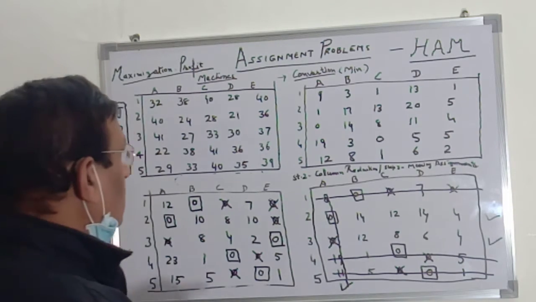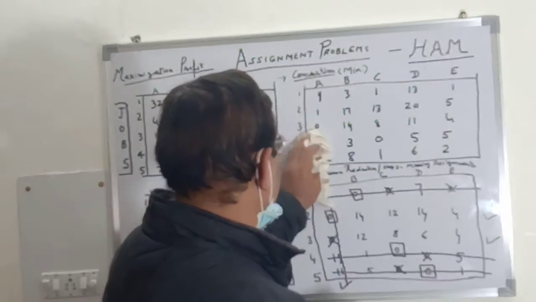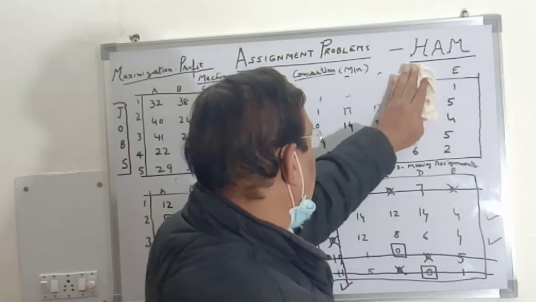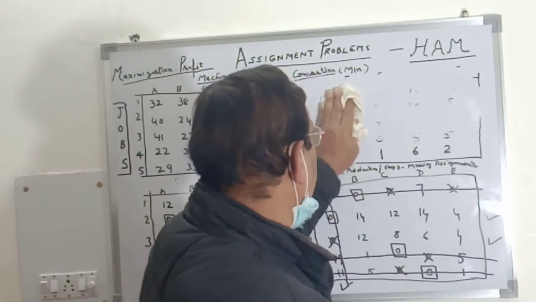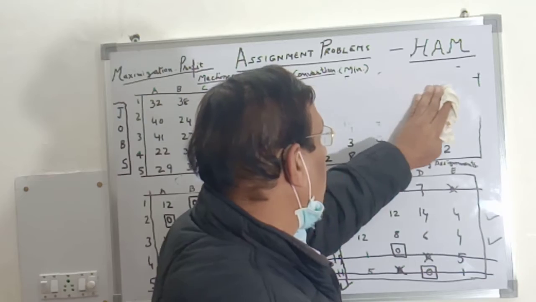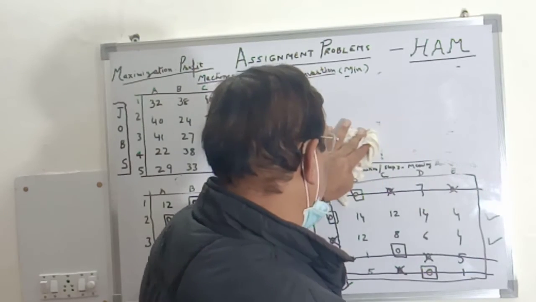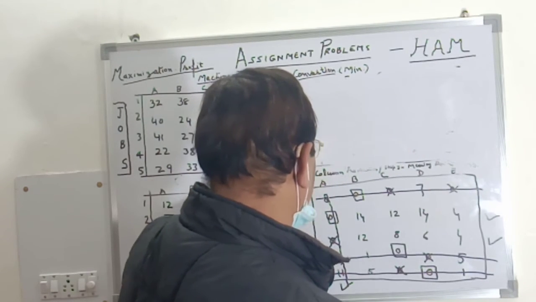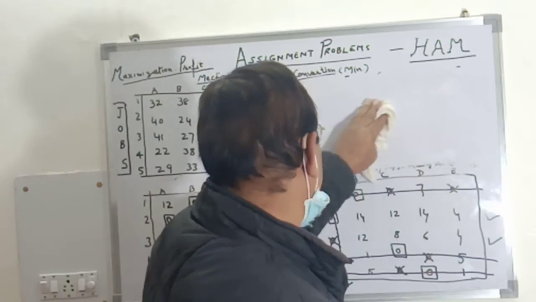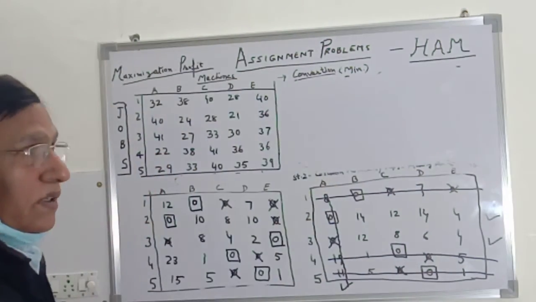How to write down the answer then? Optimum solution means that the answer we will be getting cannot be further improved, cannot be further increased or decreased. That is called the optimum solution.